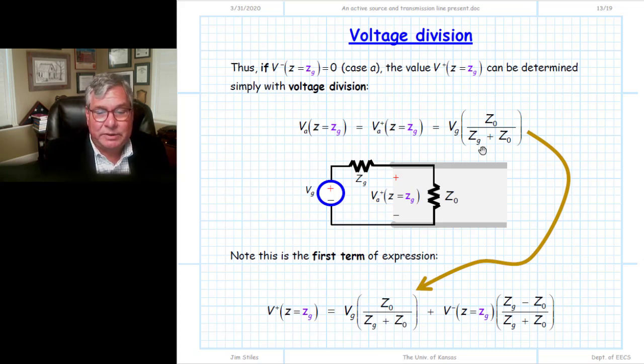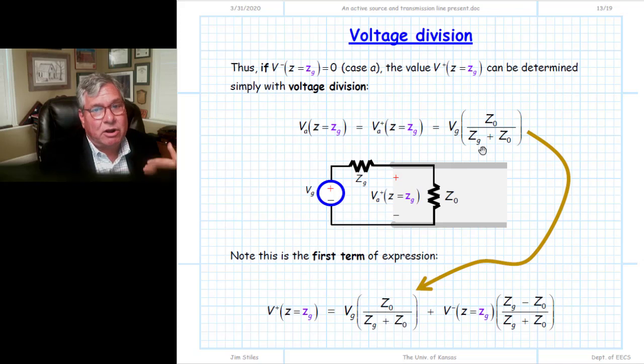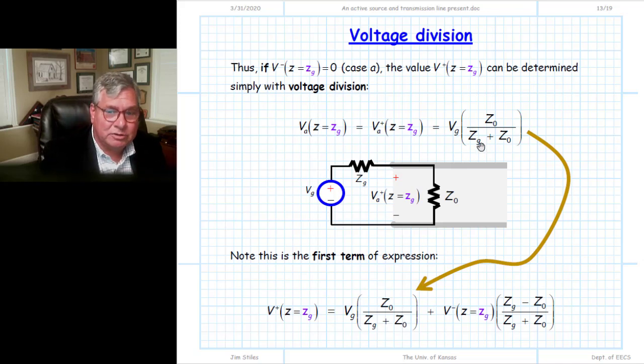So the result we got there makes sense based on our knowledge of our transmission line behavior. And that's the point I'm trying to make. This we got by just doing a bunch of algebra on our boundary conditions. But this term makes sense based on the fact that if V minus is equal to 0, then the total voltage is equal to V plus, the input impedance is equal to Z0 in that case, and we can solve for this directly using a simple voltage division.